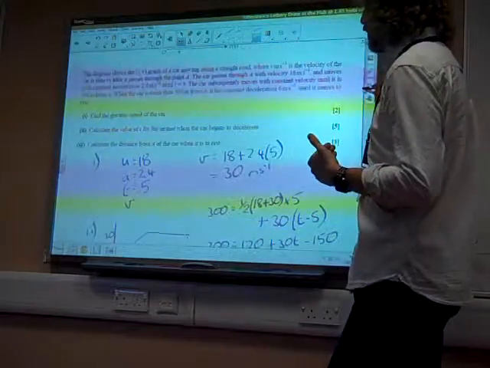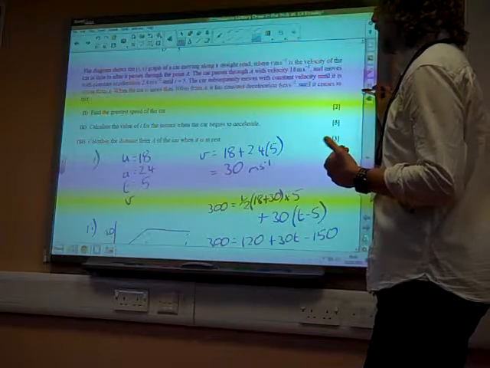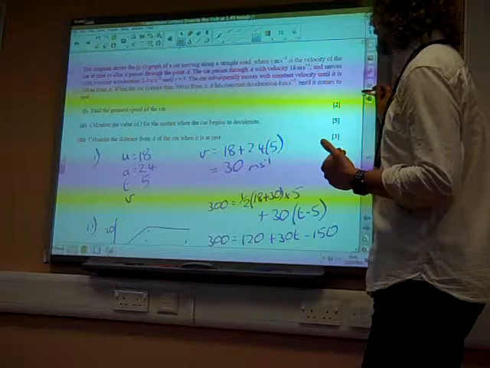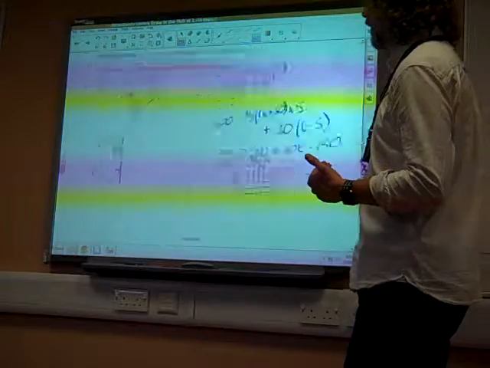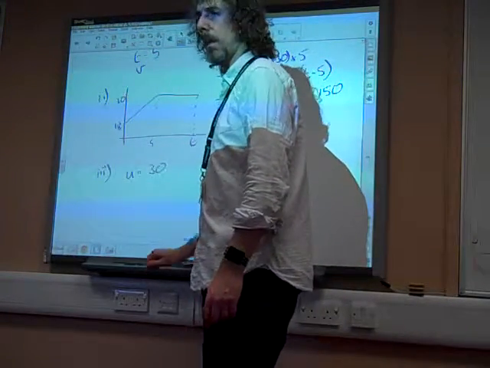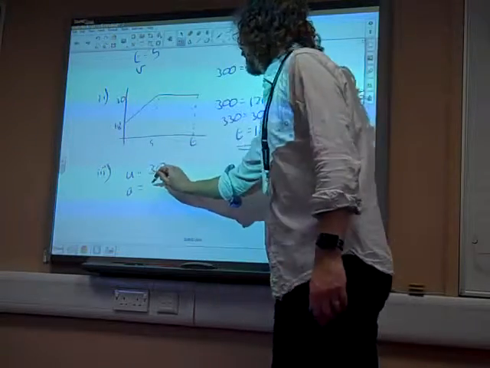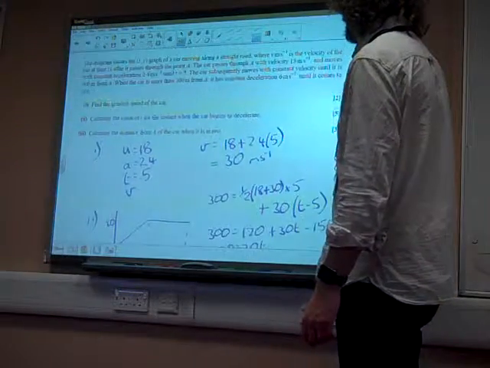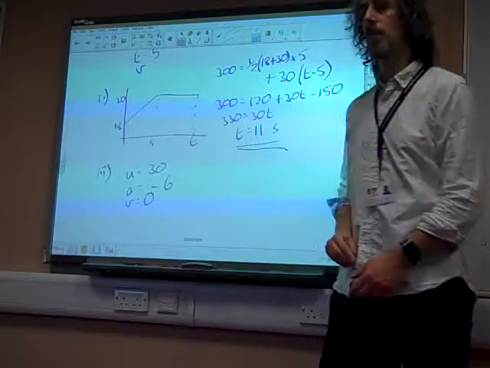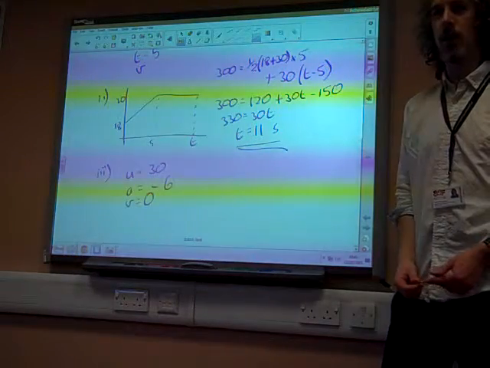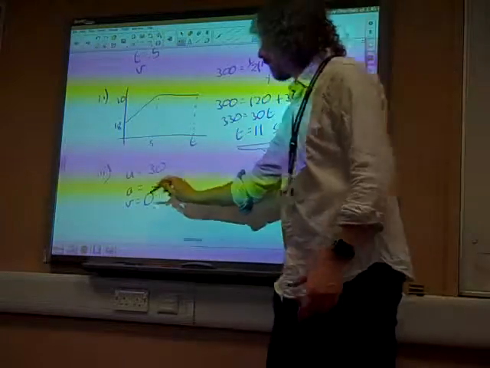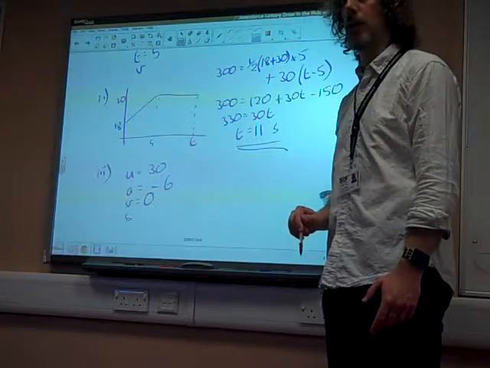It decelerates with a rate of 6 metres per second until it comes to rest. So it has an initial velocity of 30, it has an acceleration of minus 6, it has a final velocity of 0, and the bit that I'm now interested in is the distance it covers in the time that it's doing that final little bit of motion.